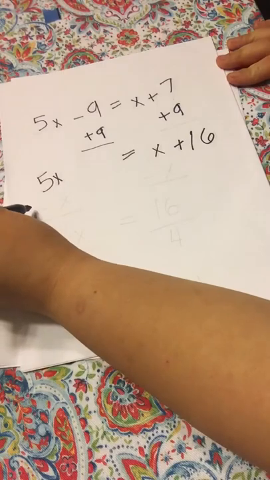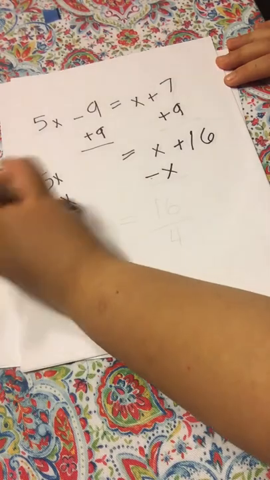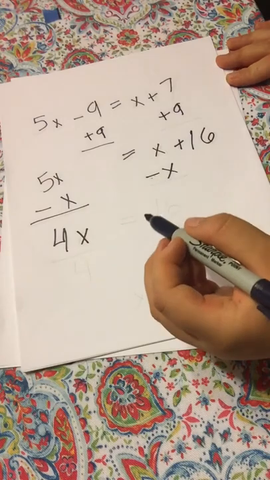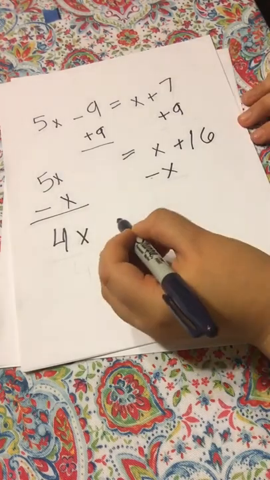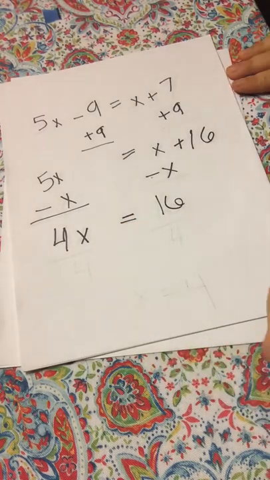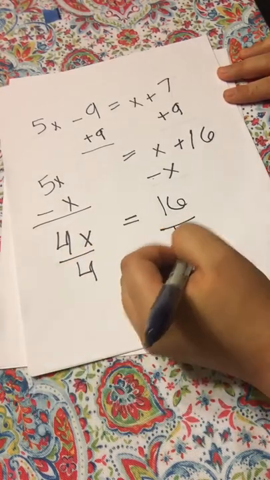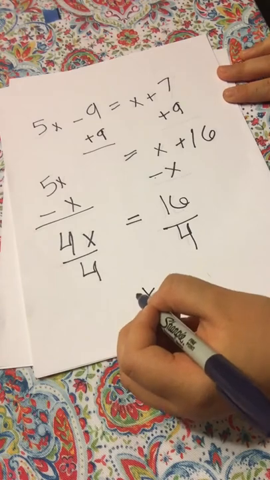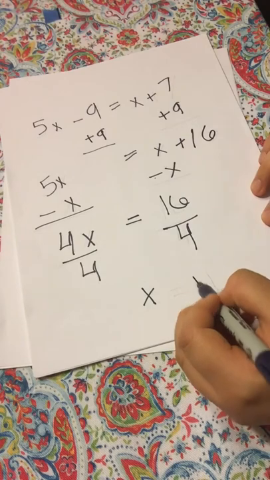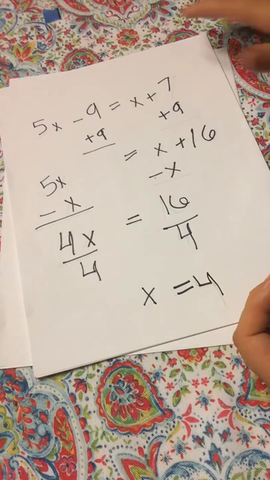We want to get x by itself on one side, so we subtract x on both sides. 5x minus x is 4x, and x minus x is 0, so 16 is remaining. So 4x equals 16. We divide both sides by 4. 4 divided by 4 is 1, which leaves x, and 16 divided by 4 equals 4. So in conclusion, the value of x is 4.